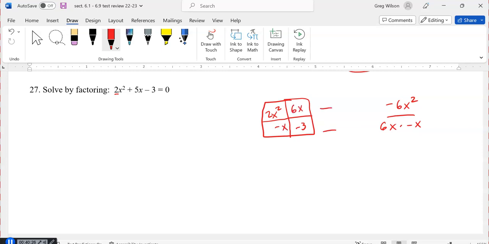And then find the 4 GCFs out of this box. So 2x and negative 1 going across this horizontally, x and 3 going vertically.